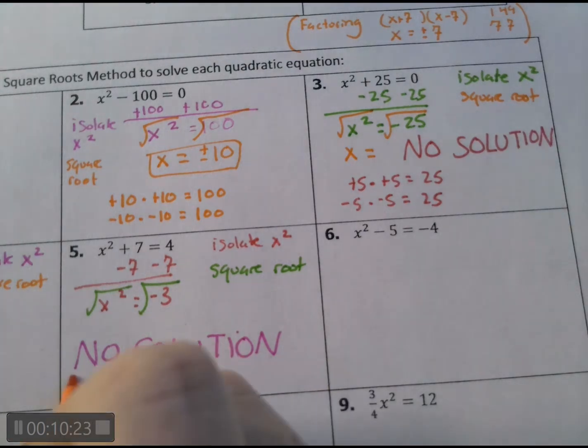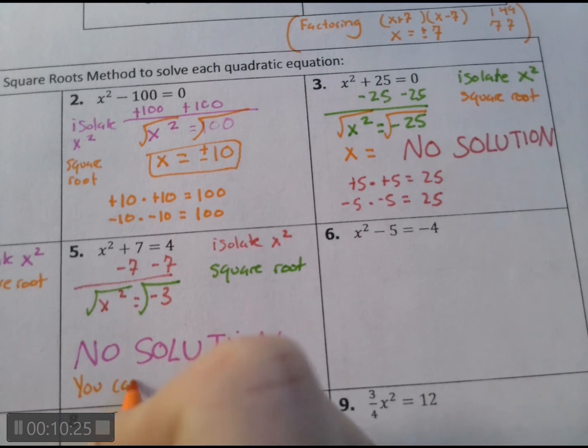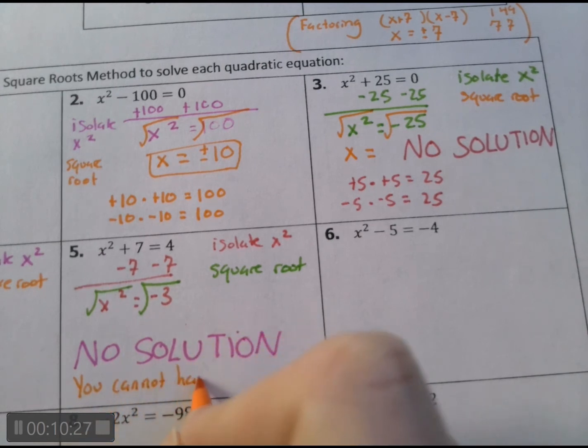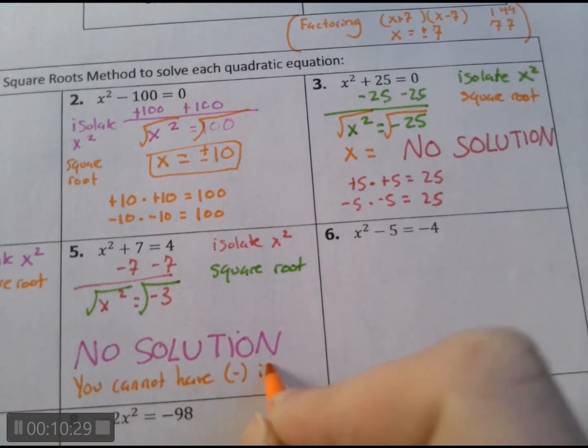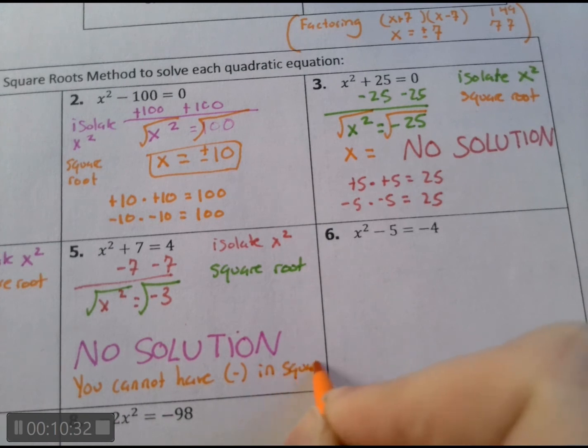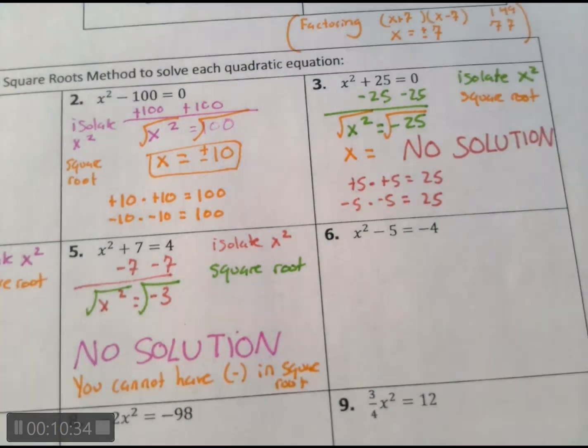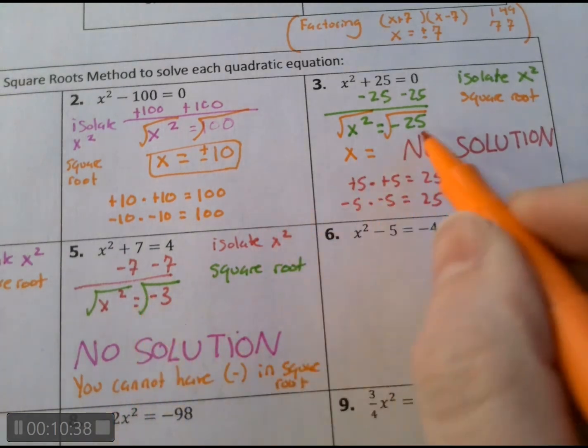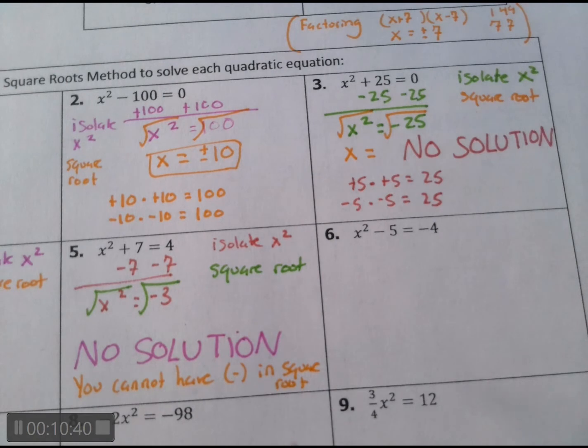You cannot have a negative in a square root. That is what gives us the no solution. So anytime you get a negative under your square root, it is going to be no solution. Okay? Alrighty.